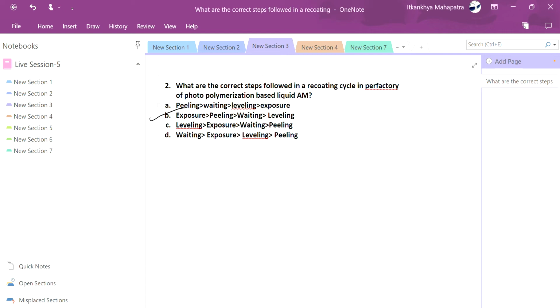As we know, Perfactory is the photopolymerization based additive manufacturing with the best cost to performance ratio, and it has various steps, which are exposure, then peeling, waiting, leveling. This is the recoating cycle.